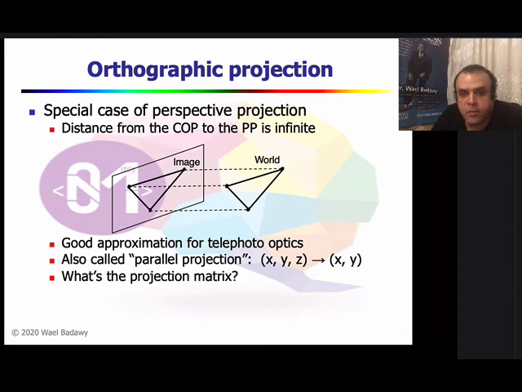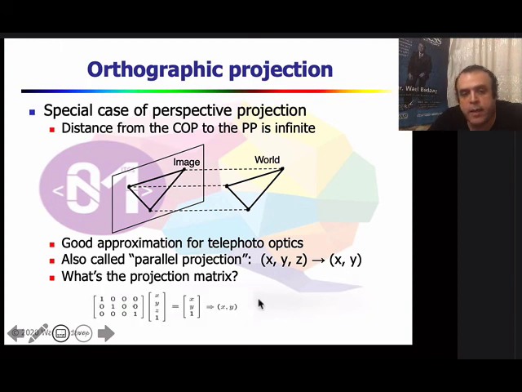The orthographic projection is basically telephoto optics, which is in essence, I will have a plane and I'm projecting it on another plane. So in this case, you will have the world as a triangle and the image as a triangle. We also call the orthographic projection a parallel projection, where x, y, and z will lead to only x, y, and it will have what we call a projection matrix, which you can see lower there.